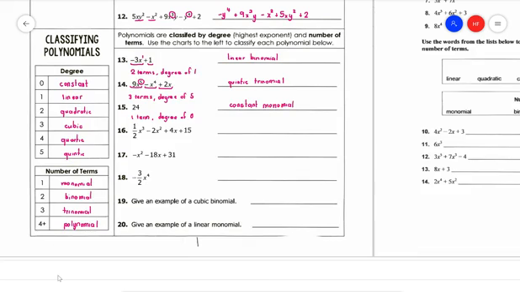Number 16, we have 1, 2, 3, 4 terms, and degree of 3. There it is. So we have a degree of 3, which means it's a cubic, and 4 terms, which means it is a polynomial. So we have a cubic polynomial.